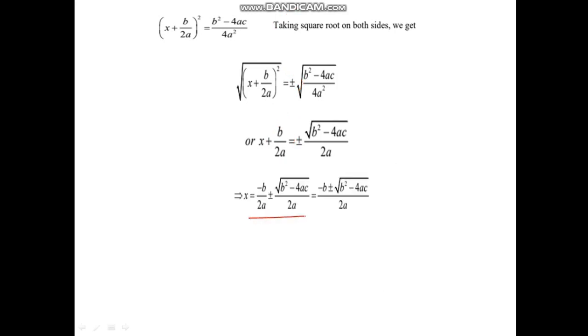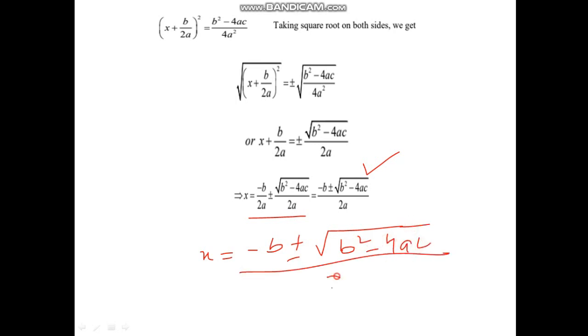After taking LCM, we have x is equal to minus b plus minus under root b square minus 4ac by 2a.